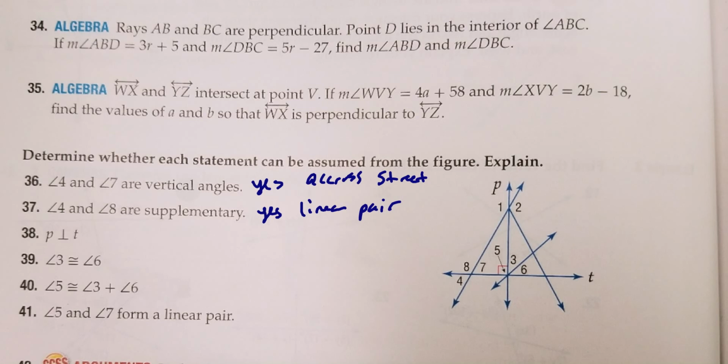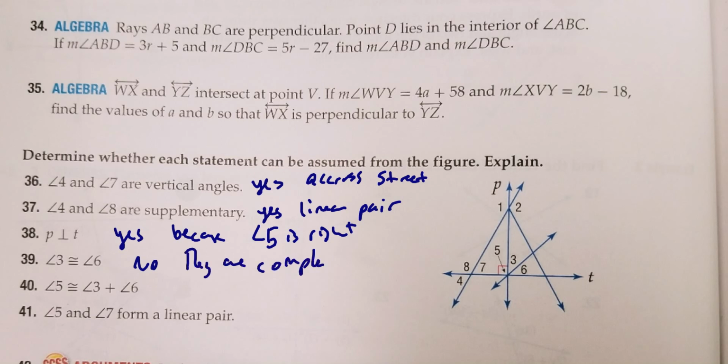38. P is perpendicular to T. Yes. Right? Because angle 5 is right. Angle 3 is congruent to angle 6? No. They are complementary, not congruent. Angle 5 is congruent to angle 3 plus angle 6? Yes.